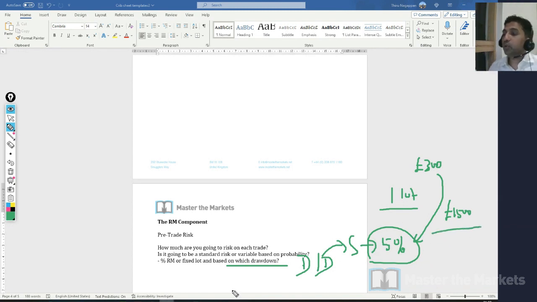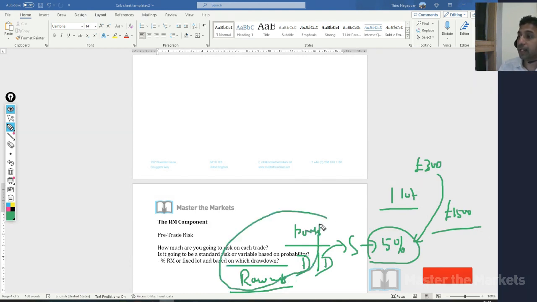Another way to measure it is by raw units drawdown, by how many pips your strategy has as a maximum drawdown, or points if you're trading indexes or commodities. Whichever that may be, you calculate it in terms of raw units, then convert it and find out what that standard lot size can be for you.